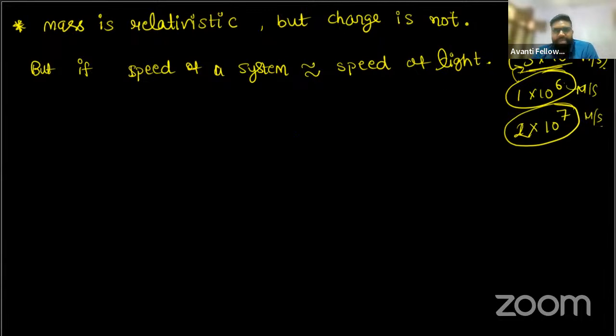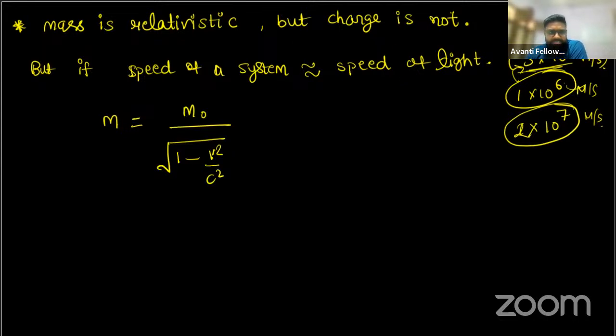So in that case, what will happen? It is observed that the mass is not fixed then. Mass keeps on increasing. If you have a system of small mass m and it is moving with such a high velocity comparable to the speed of light, then the mass of the system will not remain constant, and it is given by m is equal to m naught upon the square root of 1 minus v square upon c square.